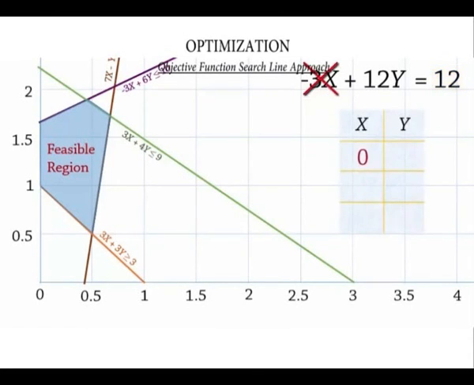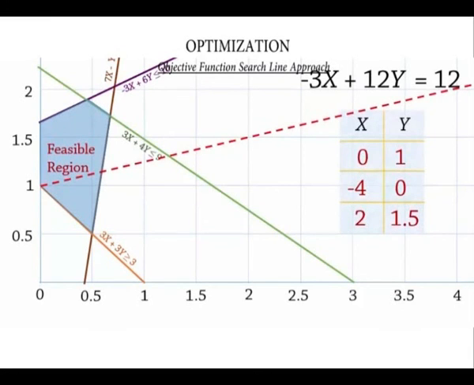When x is 0, y will be 1, and when y is 0, x will be negative 4. Because of this negative 4, which is not in my graph, let's have one more point. When x is 2, y will be 1.5. Using these 2 points, the search line is this one. Because this is a maximization process, we move the search line upwards away from 0, parallel to itself, to obtain the maximum optimal point.